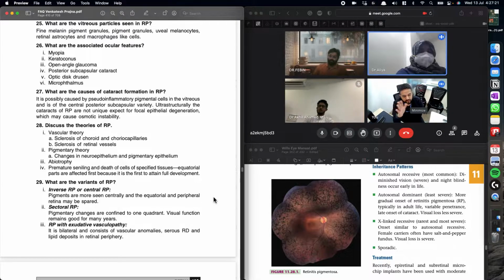What about autosomal recessive? Both the parents are carriers, or not necessarily carriers. One can be an expressor or both can be expressors. All expressors are carriers anyway. So both of them must have the defective gene.